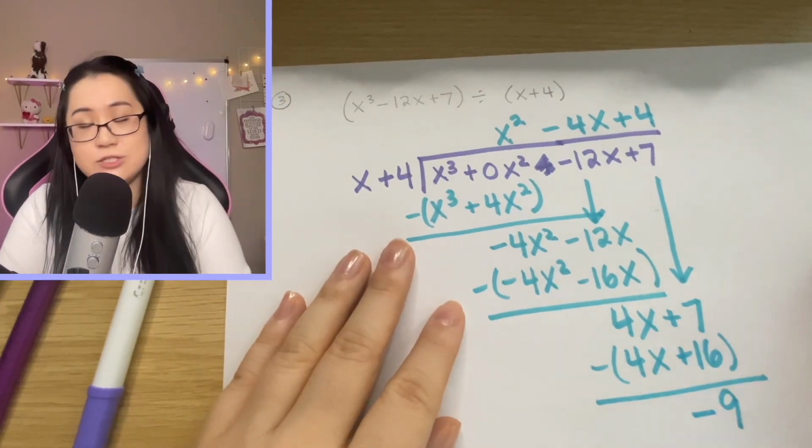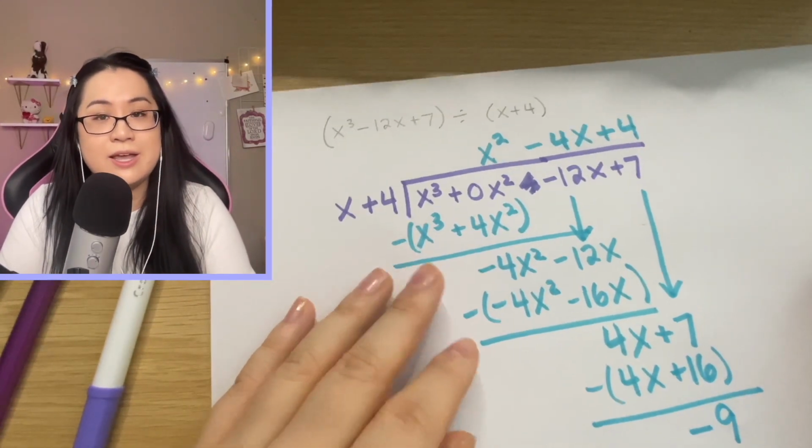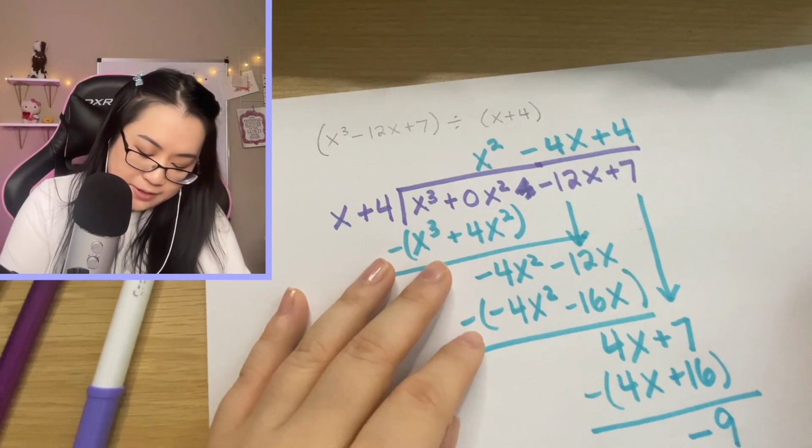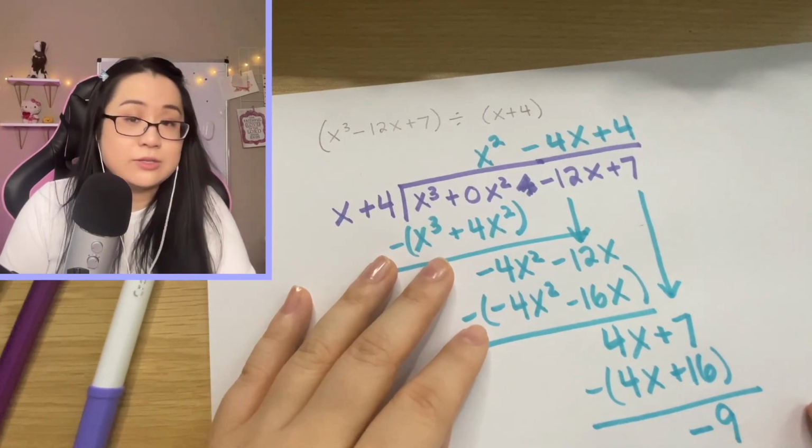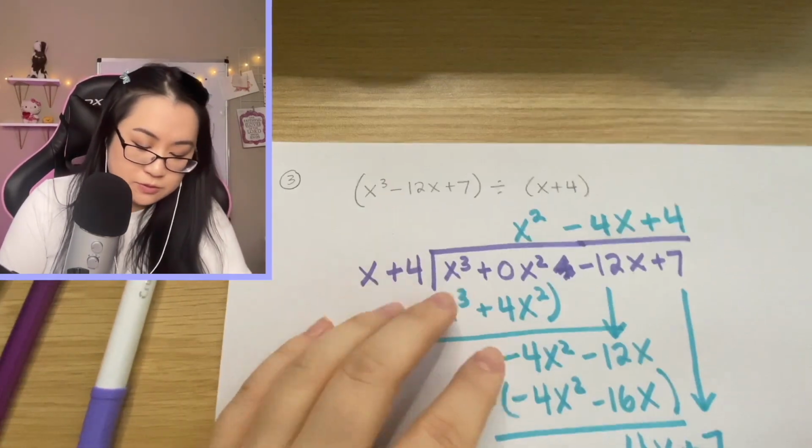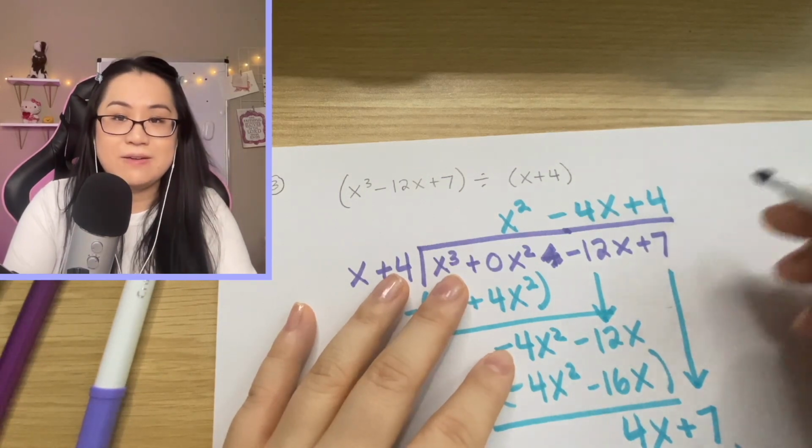Just like when we do division, sometimes we have a remainder, right? And so either you can turn that into a fraction, or you just write remaining whatever, right?